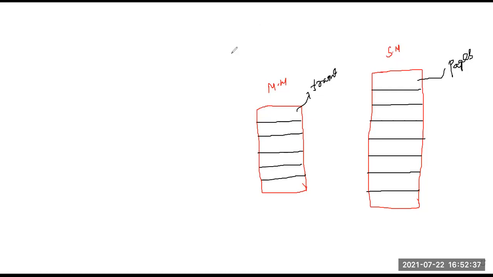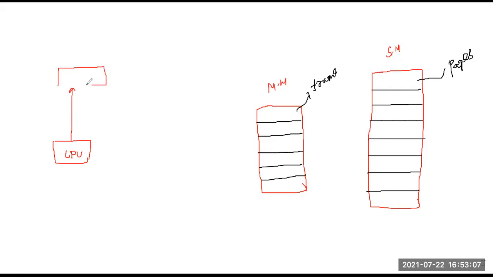Now, as we know, whenever the CPU requires any instruction, it will generate a logical address. That is my CPU. It generates the address, which is your logical address.